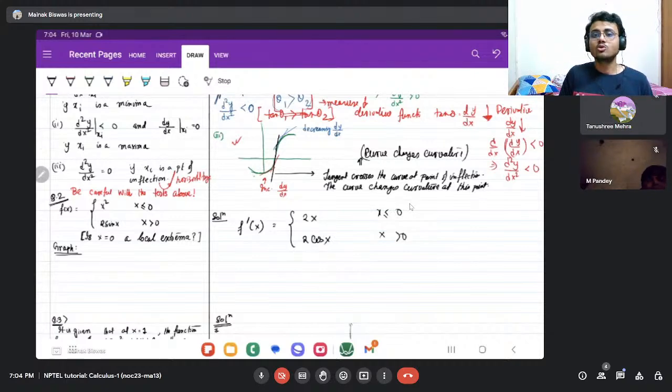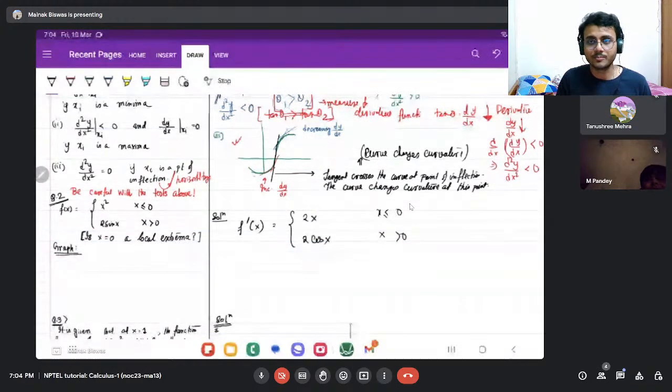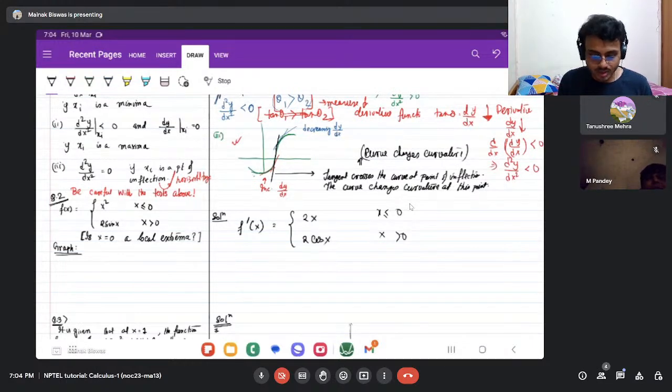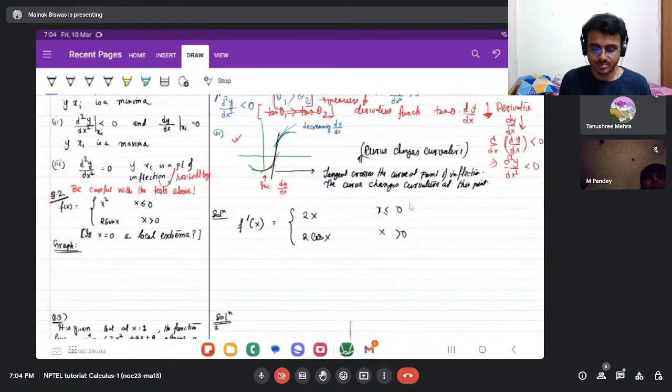I told you how to see if a derivative exists by seeing the continuity of the derivative. If the derivative is continuous, your derivative will exist. We had shown this. So is this continuous? At 0, the left hand derivative is 0.